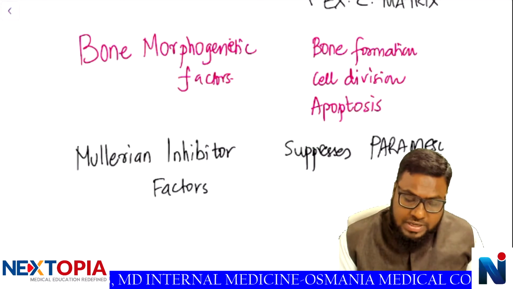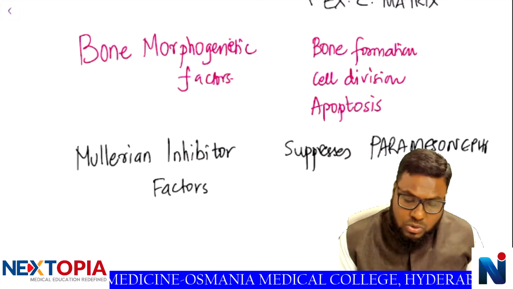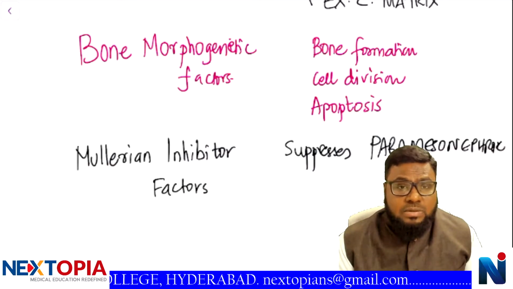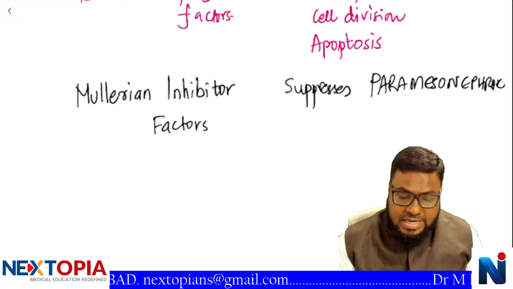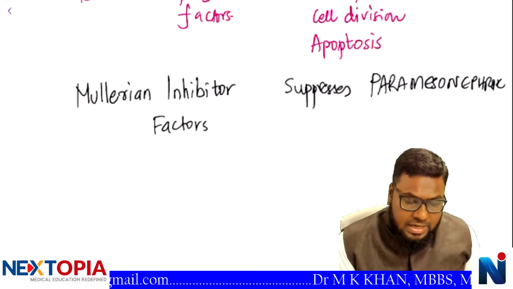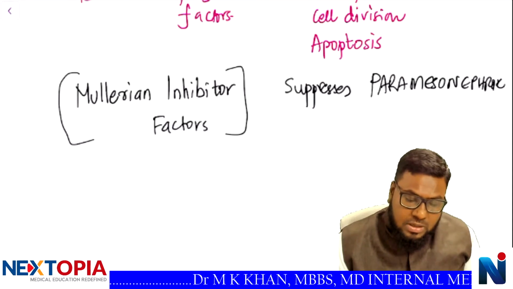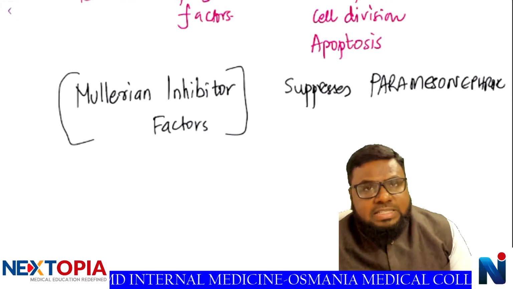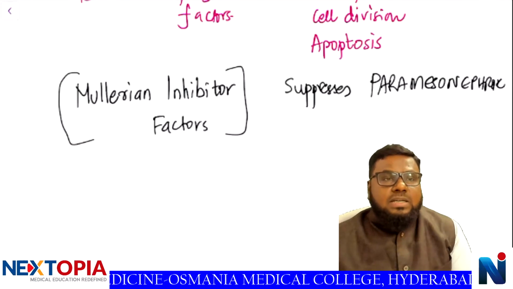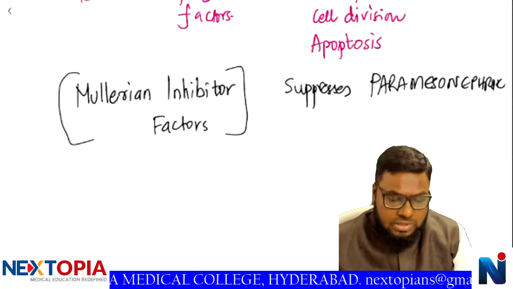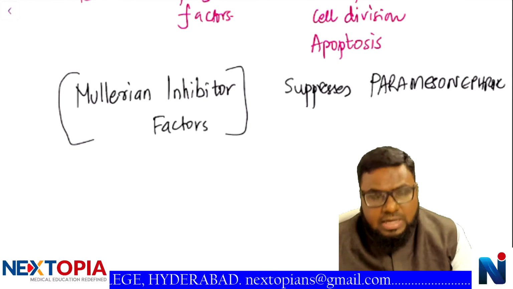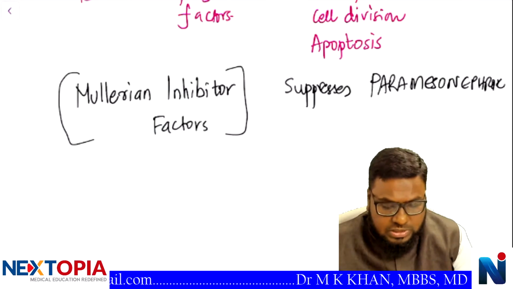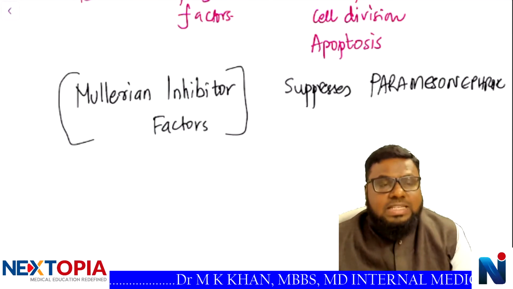This paramesonephric duct is responsible for what? For growth of the uterus and the vagina. That is the female genitalia. So if Mullerian inhibiting factor is present, it results in growth of the male genitalia by suppressing the female genitalia. And if it is absent, that results in formation of the female genitalia. All right, Mullerian inhibiting factor is very, very important. We'll discuss different types of genetic abnormalities that result in ambiguous genitalia.